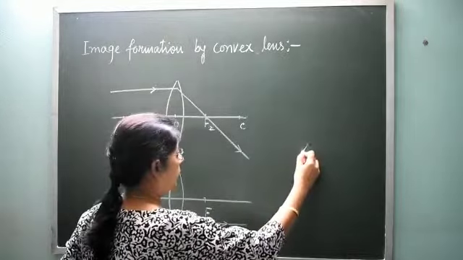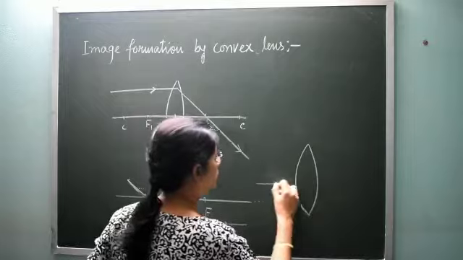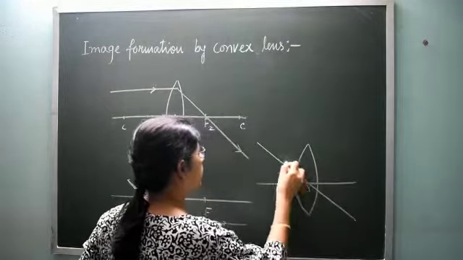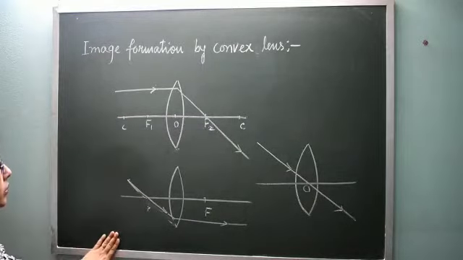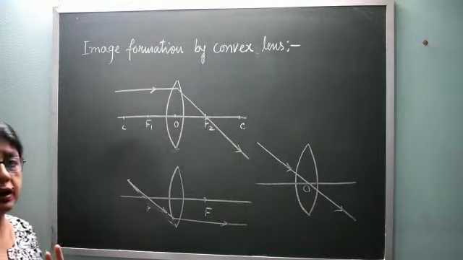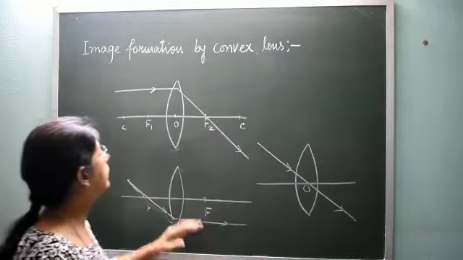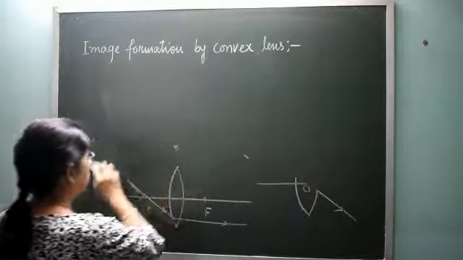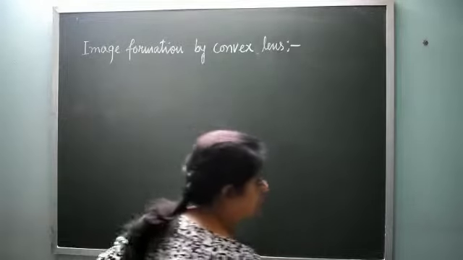Rule number 3: if a ray passing through O, it will remain undeviated. So out of these 3 rays, we are going to take any 2 rules to draw the ray diagram to show how image is formed by convex lens. We have different cases, so we are going to draw one by one.